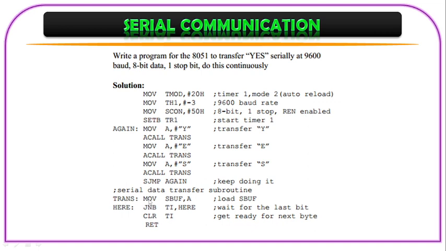Again it is transmitted to the SBUF, and now the last character. And then jump again, repeating this again and again. So YES is transmitted to some output device, maybe an LCD display. So this is one program.